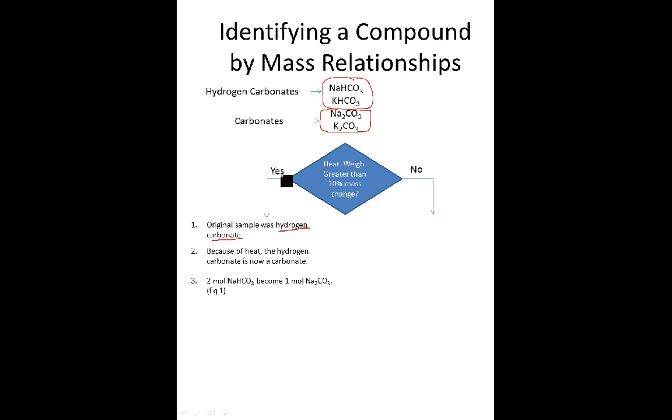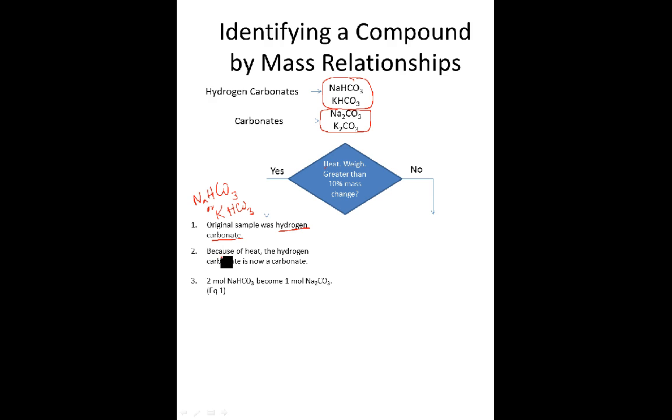So that means you now are down to having either sodium hydrogen carbonate if there was a big mass change, or potassium hydrogen carbonate. Well, how do you know what you have? And that's the goal of the lab, is to figure out whether you have the sodium or the potassium.